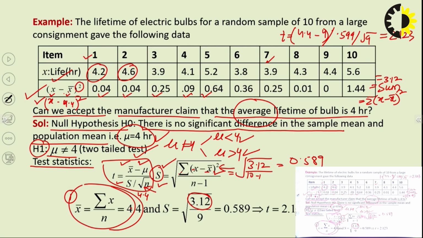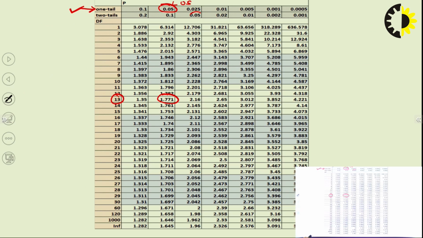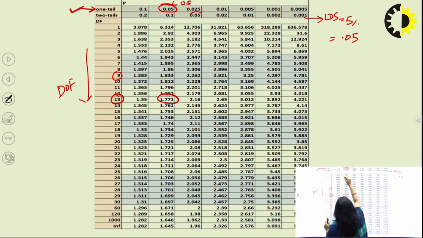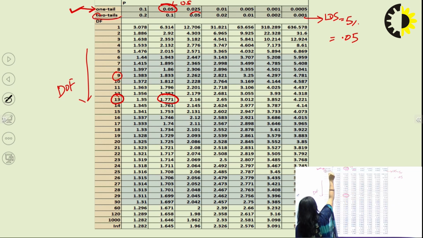Now we will learn how to read the table. This is our table to find the critical value of the t-test, and you can see two dimensions here. The horizontal dimension represents the level of significance, and the vertical dimension represents the degree of freedom. Now we have degree of freedom 9 and level of significance 5%, meaning probability 0.05. And the test that we are applying is two-tailed.